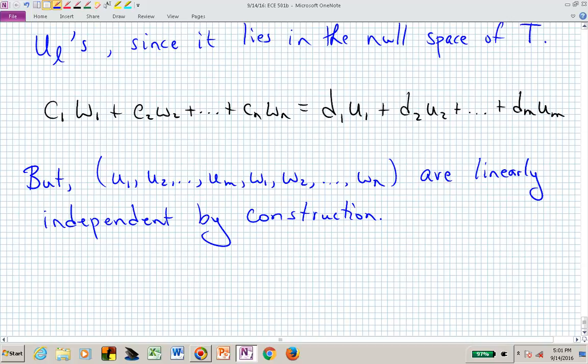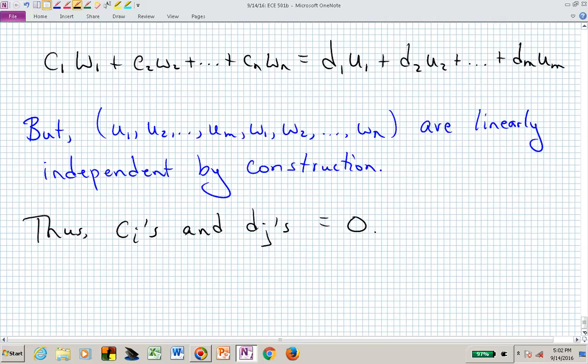They have to be zero in order to get the zero vector. So the fact that this equality is there guarantees that the C's and the D's are zeros. Thus, the Ci's and the Dj's are equal to zero.